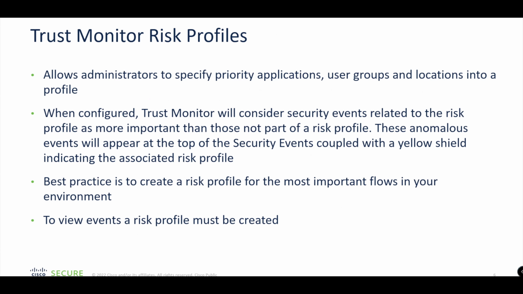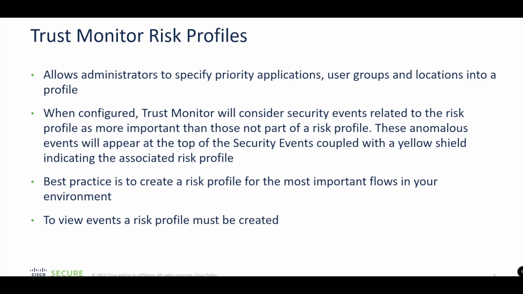And that leads us nicely into what risk profiles are as well. So basically, risk profiles allow administrators to specify what they deem as priority applications, user groups, and locations into one profile, a risk profile. So when configured, Trust Monitor will then consider security events related to the risk profile as more important than those that are not part of a risk profile.